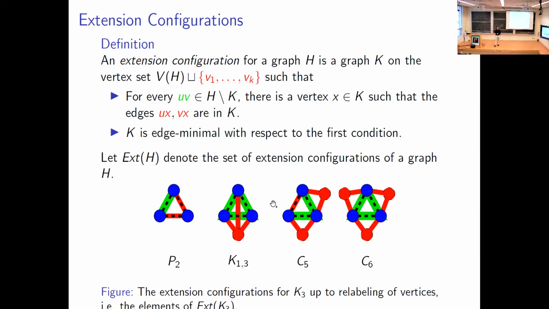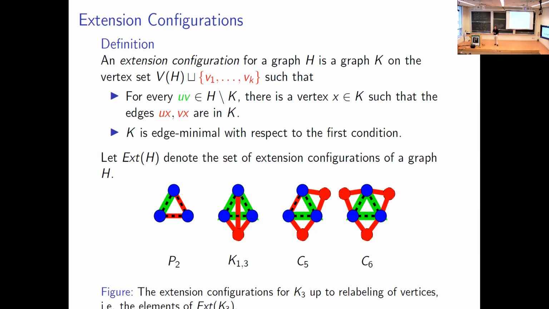This is not an extension configuration. I originally thought it was when we were working on this project, which is why I bring it up here. Why? There are 2 different paths of length 2 that contain this edge. It's not an edge minimal extension configuration. You can find a smaller one, which in fact will turn out to be P2.